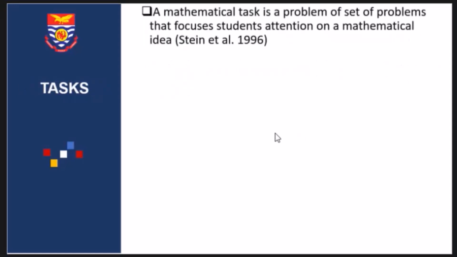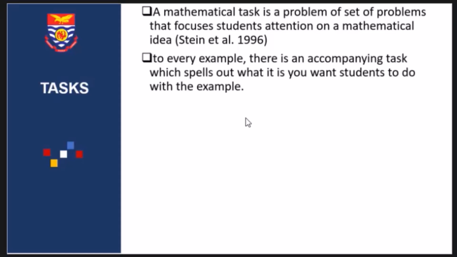So what's a task, or what is a mathematical task? When we say a mathematical task, it's a problem or a set of problems that focuses students' attention on a mathematical idea. That is according to Stein et al., 1996. So a problem or a set of problems that focuses students' attention on mathematical idea is what we describe as task.